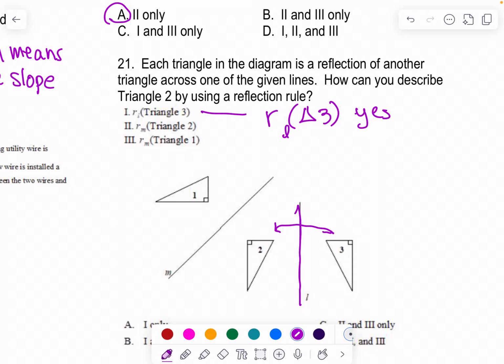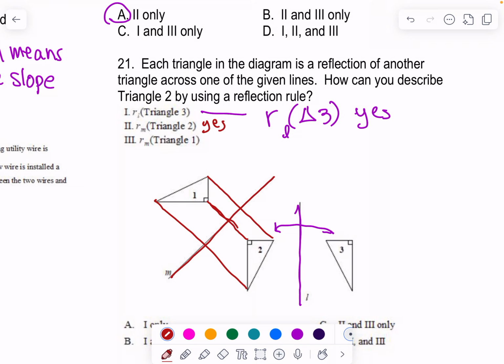Let's go through the other ones though. Reflection across line M of triangle 2. So here's line M. See how they're all perpendicular? If I connect all the vertices, they're perpendicular to the reflection line. That one also looks like a yes. Oh wait, how can you describe triangle 2?